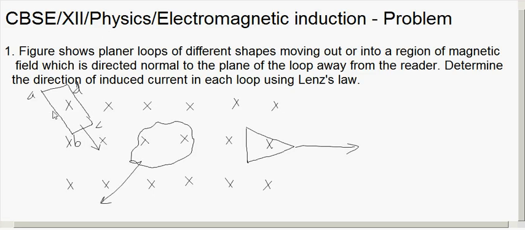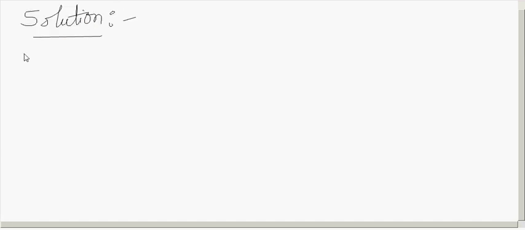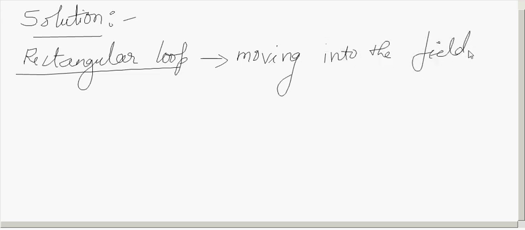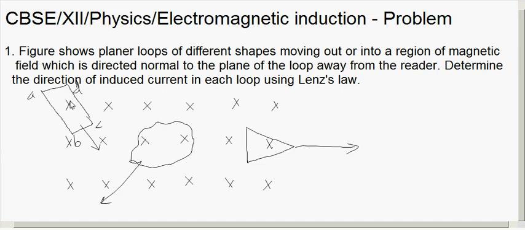Consider the first loop, the rectangular loop. It is moving into the magnetic field. Now when it moves into the field, what happens?